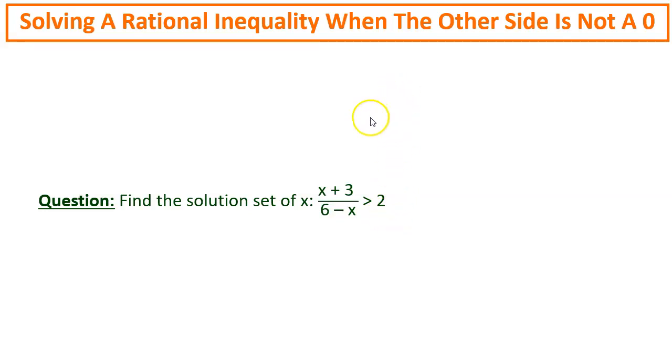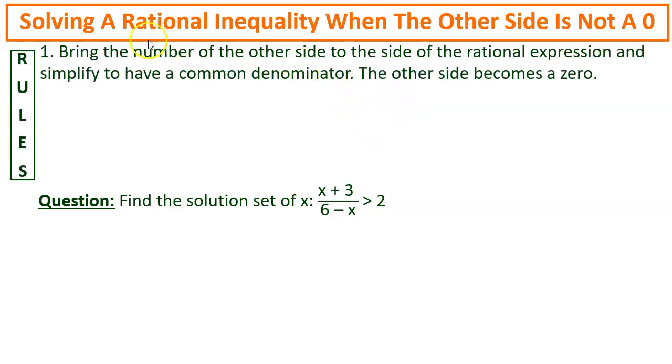So now let us move on to the rules part. Rule number 1 says bring the number of the other side to the side of the rational expression and simplify to have a common denominator. The other side becomes a zero.